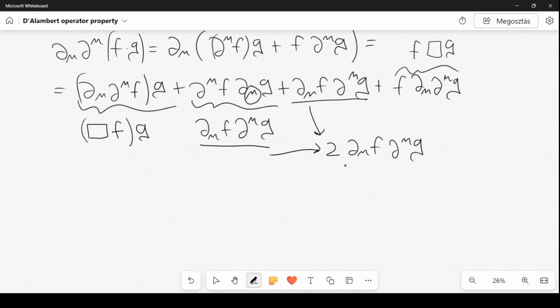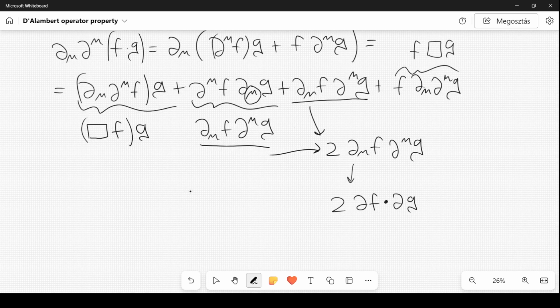And sometimes in index-free notation, this can also be written as twice, and then you have d without any index f, and then you take some dot product with d g. So this dot product must be intended as a product in Minkowski space.